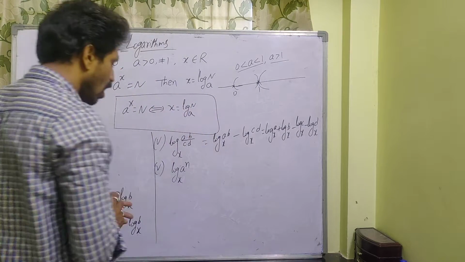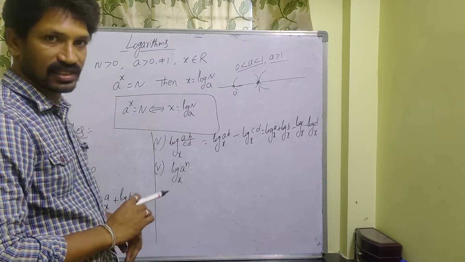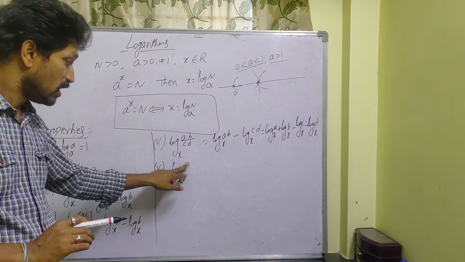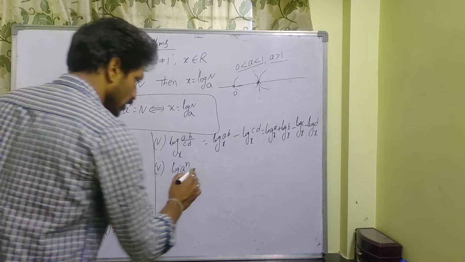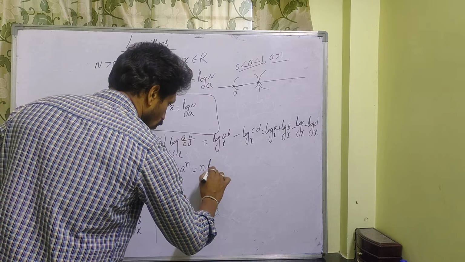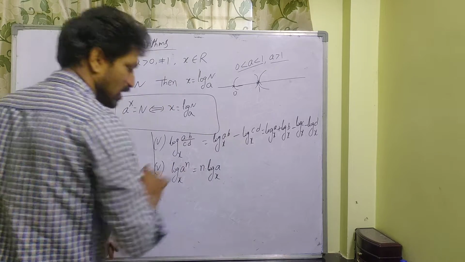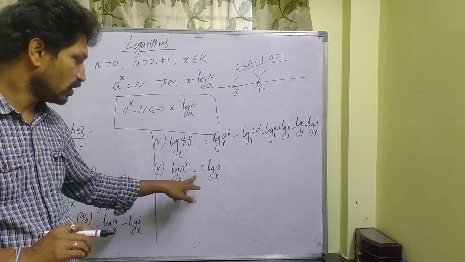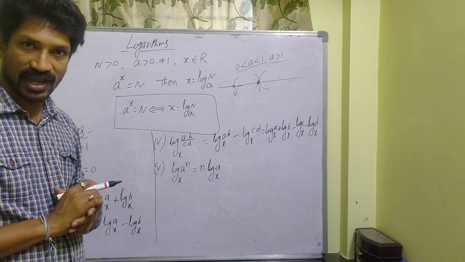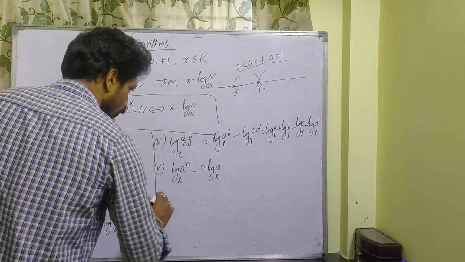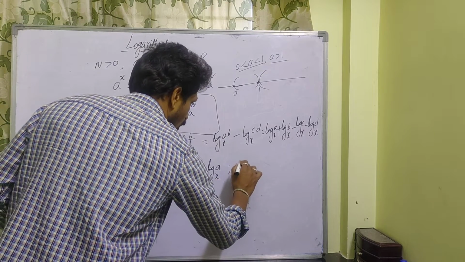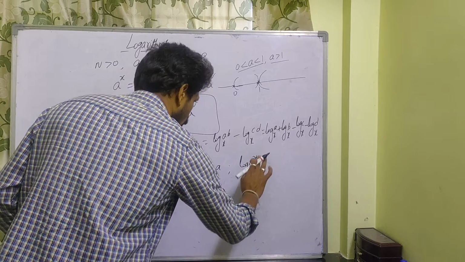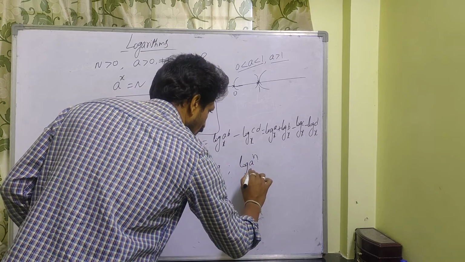See here, log a to the power n base x. You just remember, for this one we have the power also. This n you can write outside. This is nothing but n into log a to the base x. Log a power n base x is equal to n into log a to the base x. Similarly, log a power n base x power m.